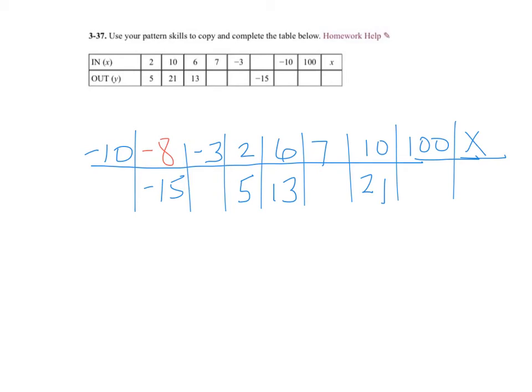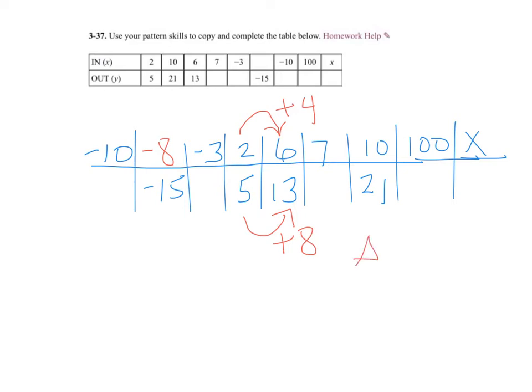So I want you to notice the difference between the 2 and the 6 and the difference between the 5 and the 13. To go from 2 to 6, I am adding 4. To go from 5 to 13, I am adding 8. So think of this as a rate. For every 4 that I'm going across in the x, I'm going up 8 in the y value.